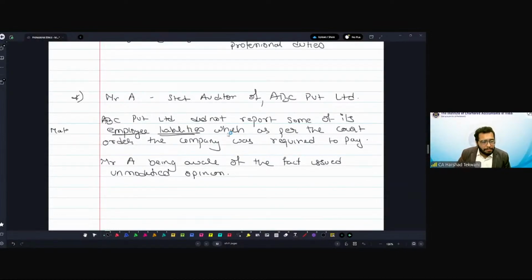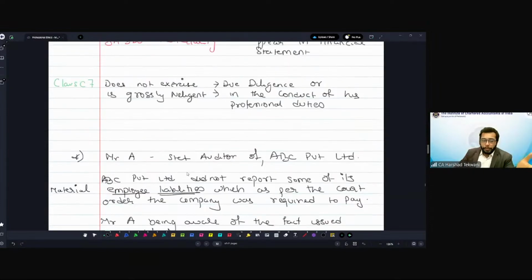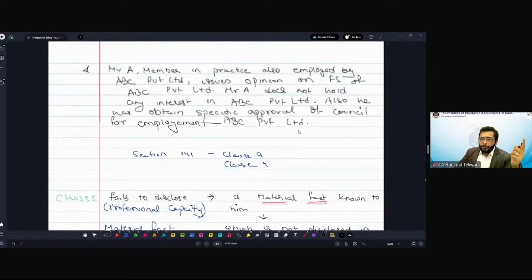Let's say these are material enough. First of all, not disclosing this material fact known to him, clause 5 will get attracted. He was supposed to disclose that material fact and he fails to disclose, so clause 5 is there.